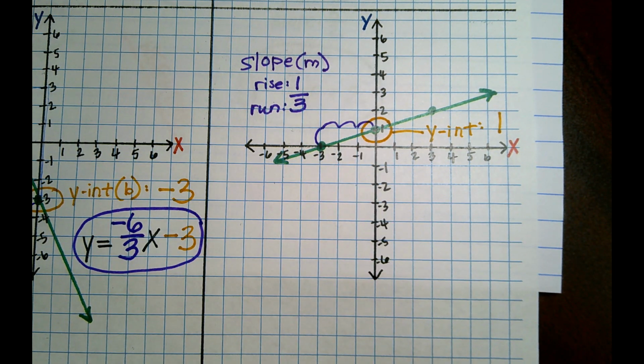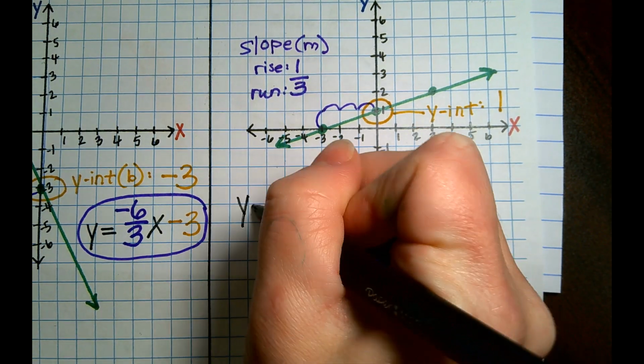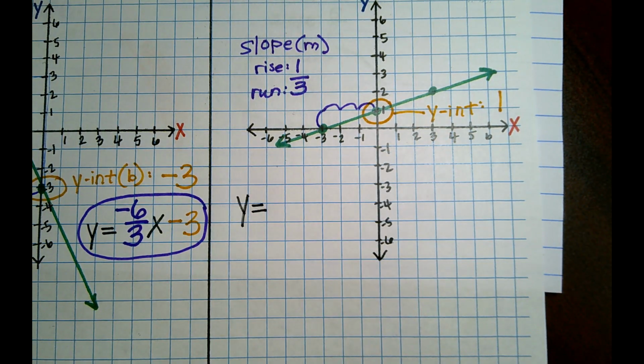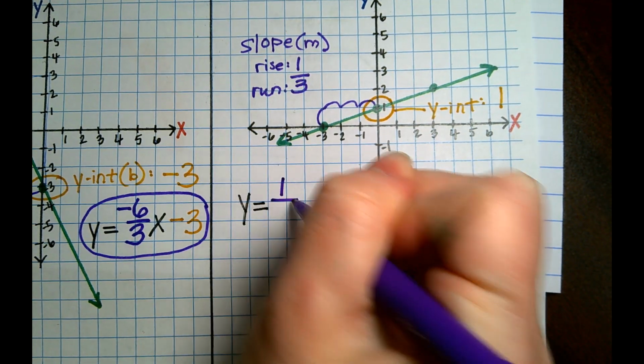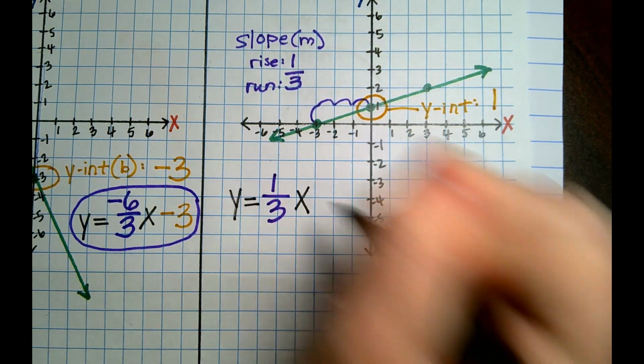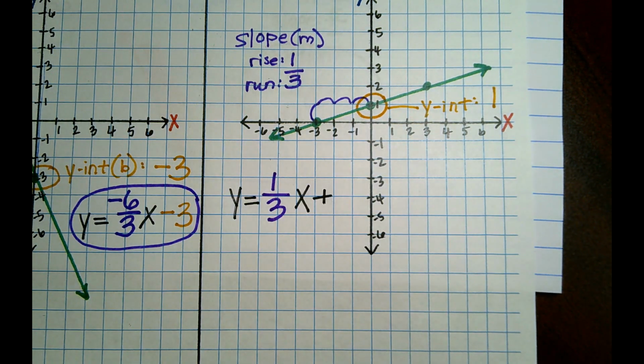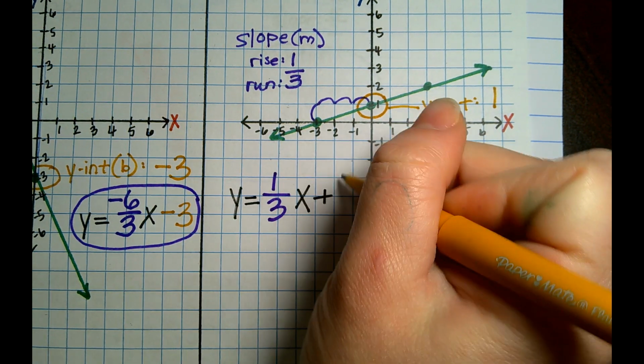Okay, so let's write that equation now. Y equals 1 over 3 x, and not just 1, what goes in between? Yes, plus 1. Y equals 1/3 x plus 1.